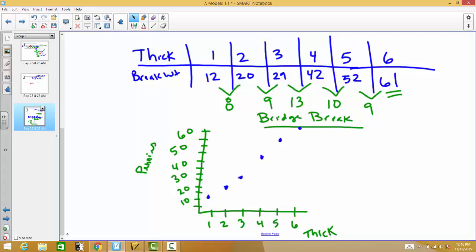Now, you might think that this is a curve, and that's okay. You might see that this curves up. It does kind of go back down, so I don't know. And you might think that it's linear, and that's okay too. So whatever pattern you are seeing, you're going to draw the best fit line or the best fit curve. So if you're drawing a best fit line, I'd probably use a ruler.